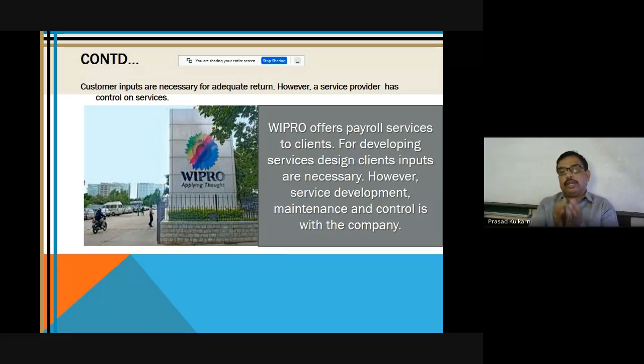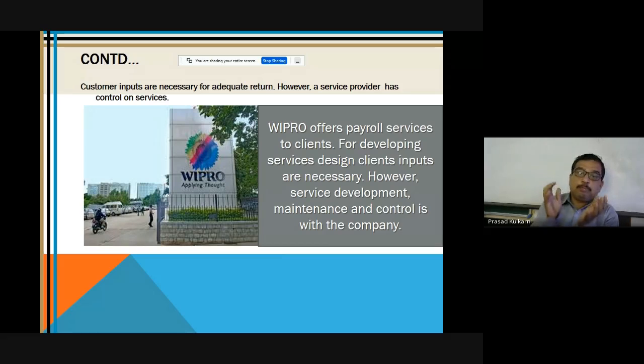Another, in the moderate level of customer participation, customer inputs are necessary for adequate return. However, the service provider has control over the services. I'm taking one more Indian example here, Wipro, that offers payroll services to clients.